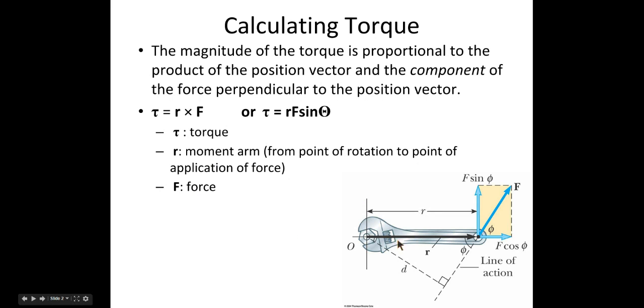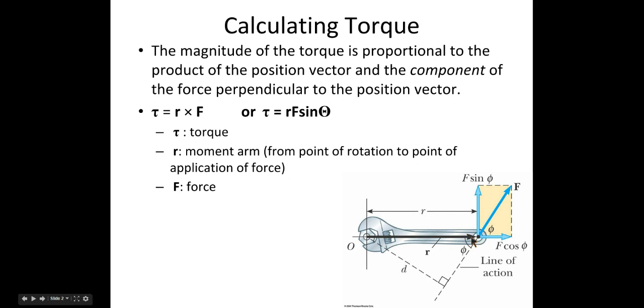So in this particular picture here, if we apply a force at an angle, and that symbol there is called phi, the way we would find the torque that's being applied right there on this wrench is first we've got to know the position vector.